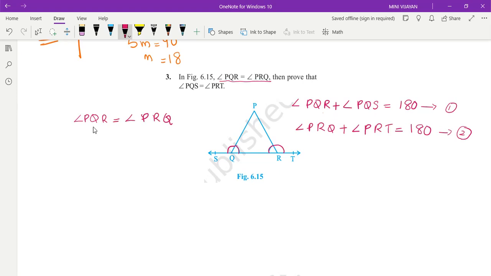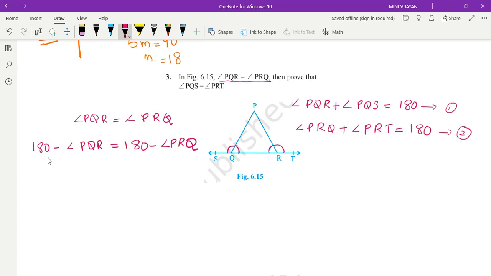Since this question is related to linear pair, 180 degrees, what we have to do next is subtract these both angles from 180, left side and right side, since these both are half linear pairs in this figure. So 180 minus angle PQR is equal to 180 minus angle PRQ.